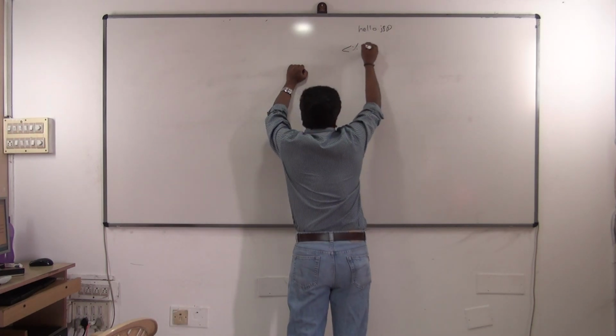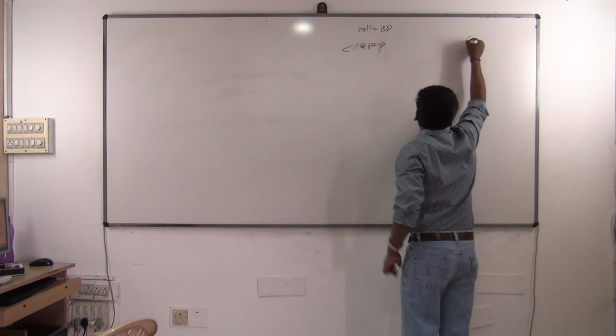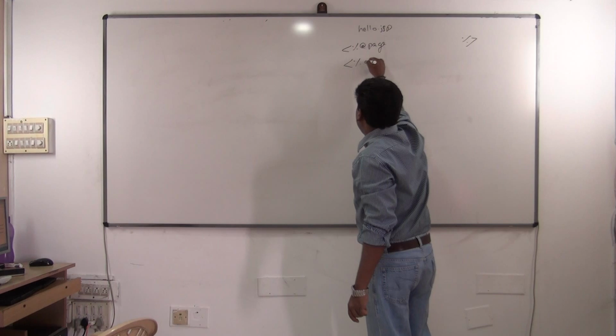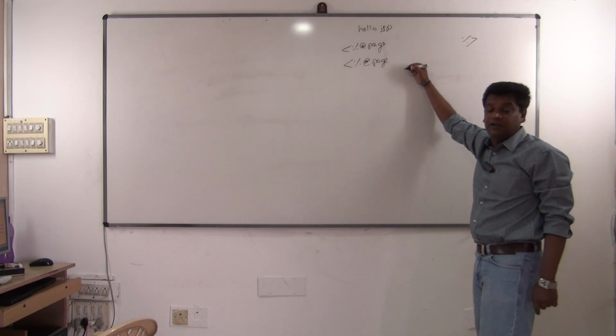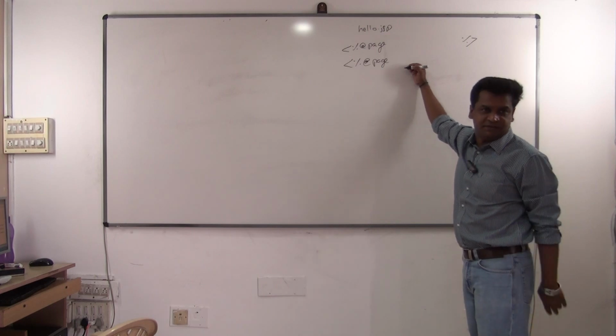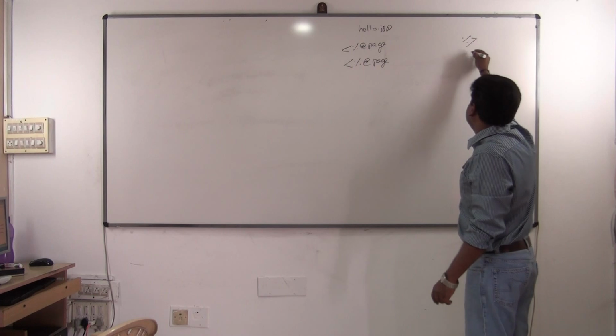But when you are writing a JSP, generally you'll be using it like this, percentage at the rate of page, and this page directive can be used n number of times. It has some attributes, but this can be used n number of times in your JSP like this.